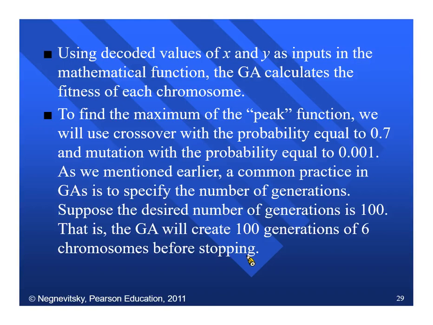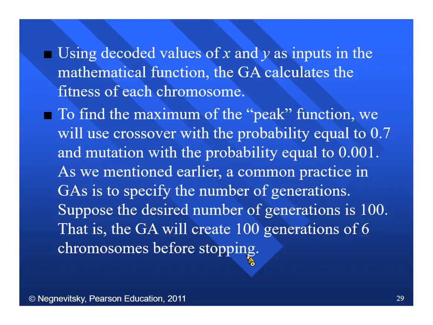So using the decoded values of x and y as inputs in the mathematical function, the genetic algorithm calculates the fitness of each chromosome. To find the maximum of the peak function, we will use crossover with a probability equal to 0.7 and mutation with a probability equal to 0.001.